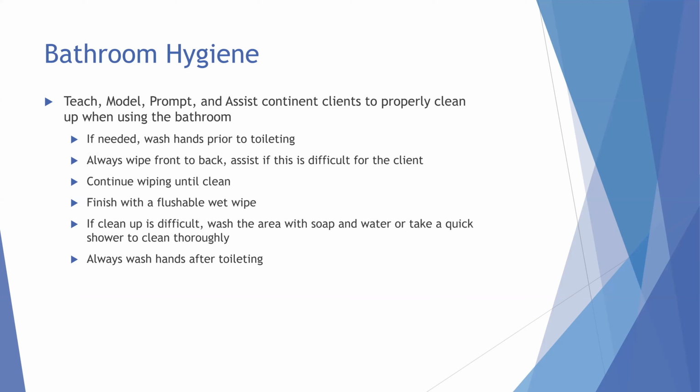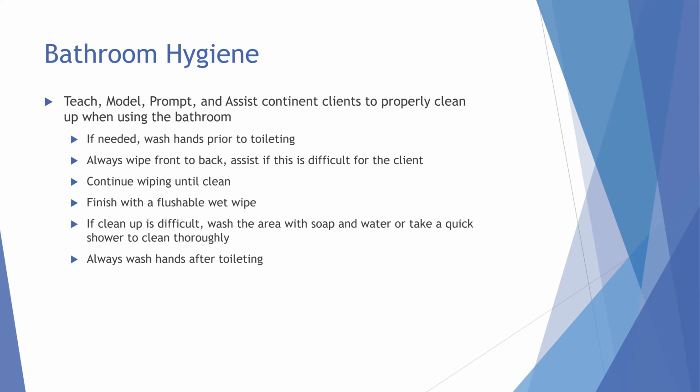So let's go ahead and dive into bathroom hygiene. Some health challenges that affect people with developmental disabilities can keep them from maintaining their hygiene. This could be mental capabilities, behavior problems, mobility issues, and even visual or hearing impairments. Mental capabilities can have an impact on how well someone can follow directions.